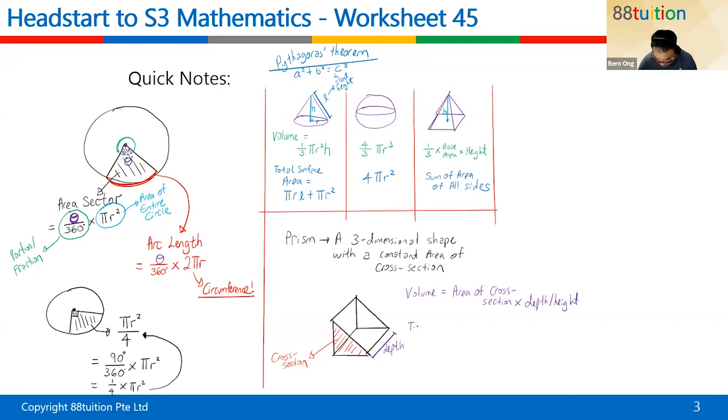And how do you find the total surface area? It's equal to the perimeter of cross-section times height or depth, plus 2 times the area of cross-section.